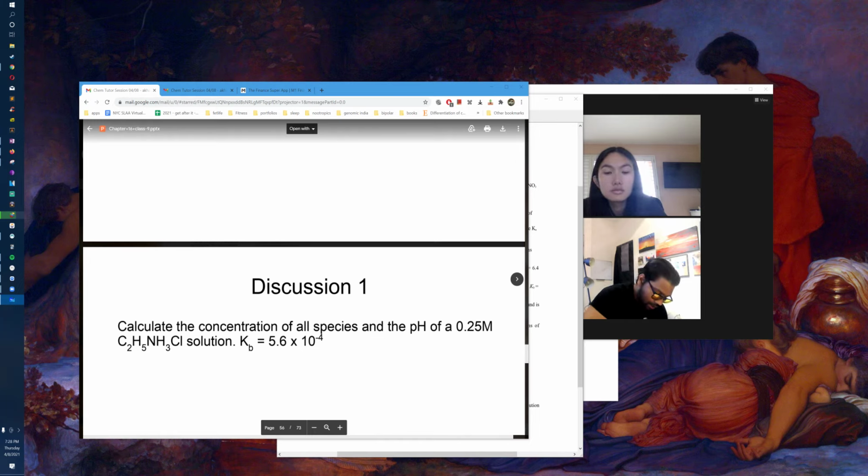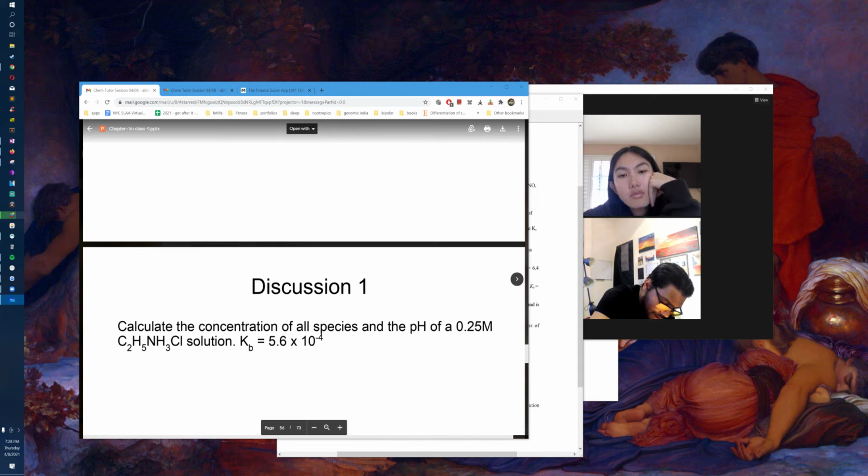So, I'll start with Kb equal to, on the bottom, C10H15ON as a reactant, right?